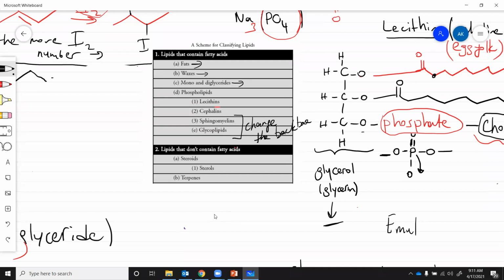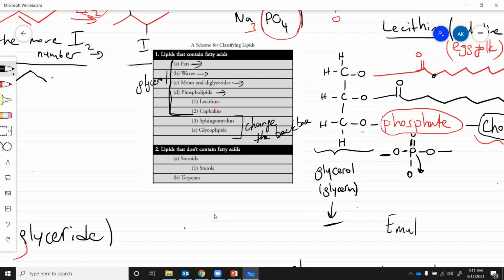And then the phospholipids, where you need to have a phosphate. In fats, waxes, mono- and diglycerides, phospholipids, lecithin, and cephalin, we use a glycerol backbone. Only sphingomyelin and the last two change the backbone.